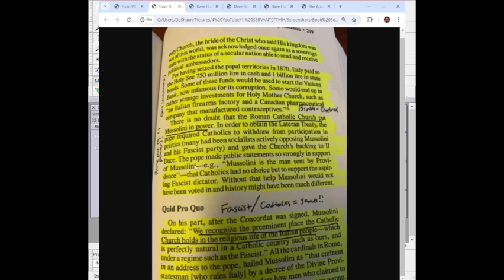All right. The Pope made public statements so strongly in support of Mussolini, the man sent by Providence, that Catholics had no choice but to support the aspiring fascist dictator. Without that help, Mussolini would not have been voted in, and history might have been much different.